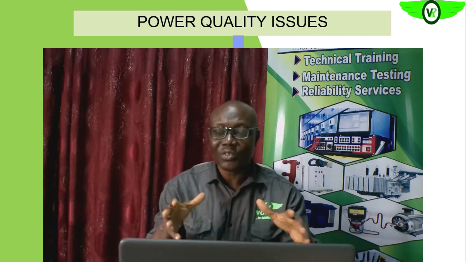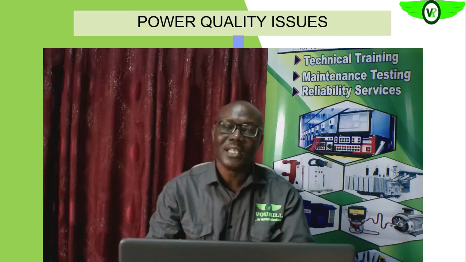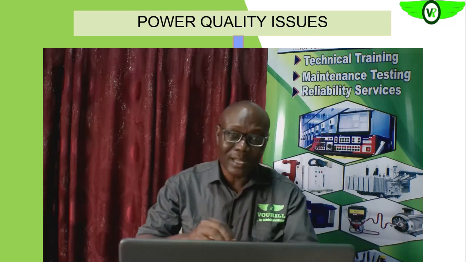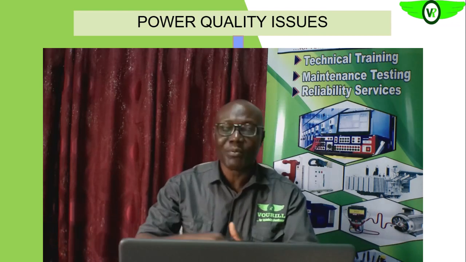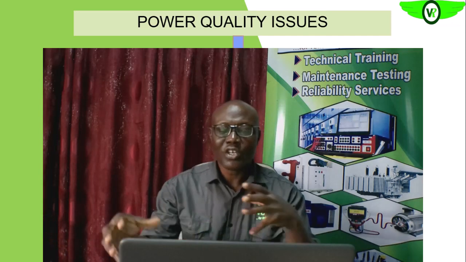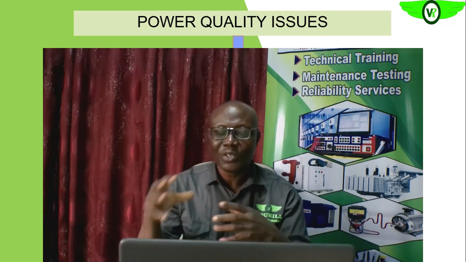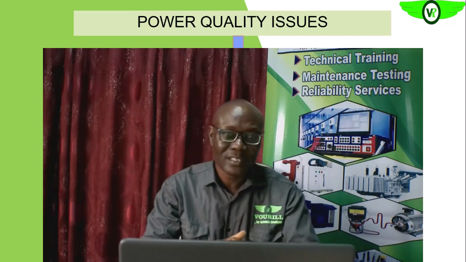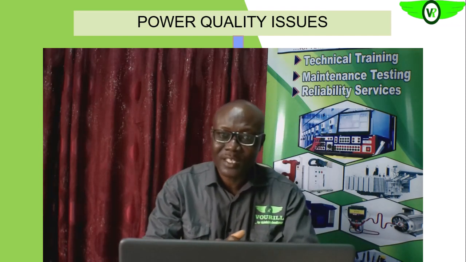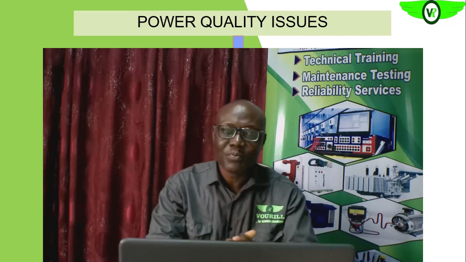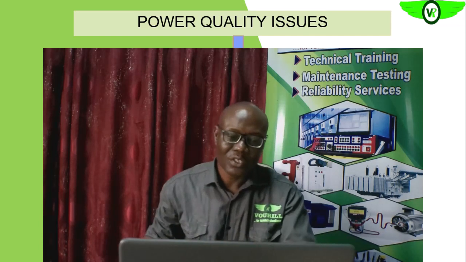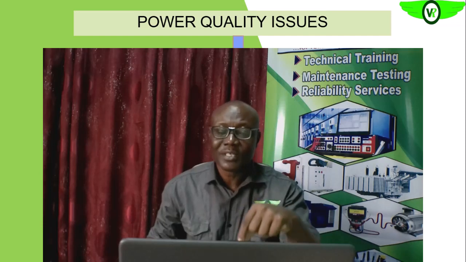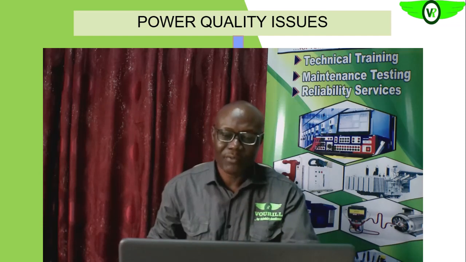Remember, these insulations are designed to withstand a level of voltage. That determines the breakdown capability of this insulation. So repeatedly stressing them with something that is beyond what is normal will eventually make them give way, especially at the weakest point on the insulation. So over voltage too, we need to protect our system against over voltage.